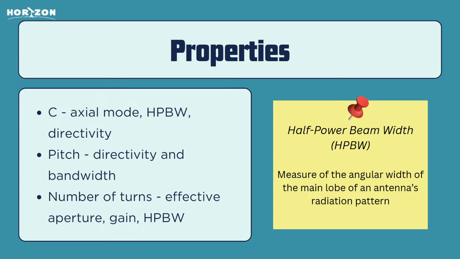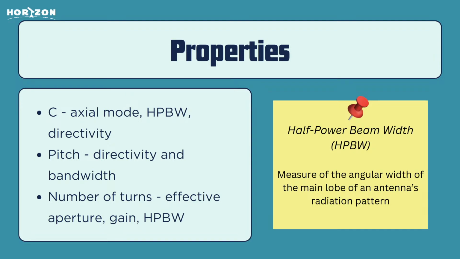Taking a closer look at its properties, we've seen that the circumference affects whether the antenna radiates in the normal mode or the axial mode. An increase in circumference causes a decrease in the half power beamwidth, and it also affects directivity.